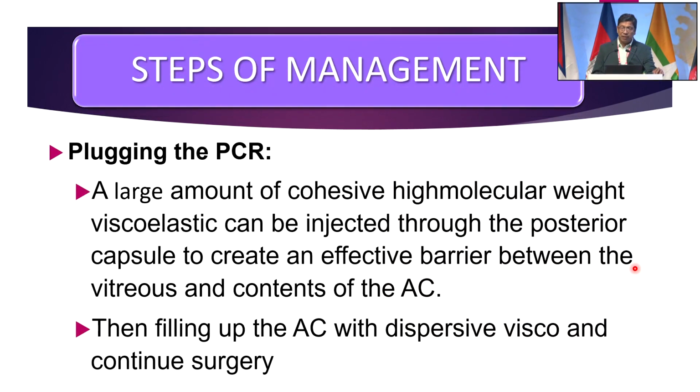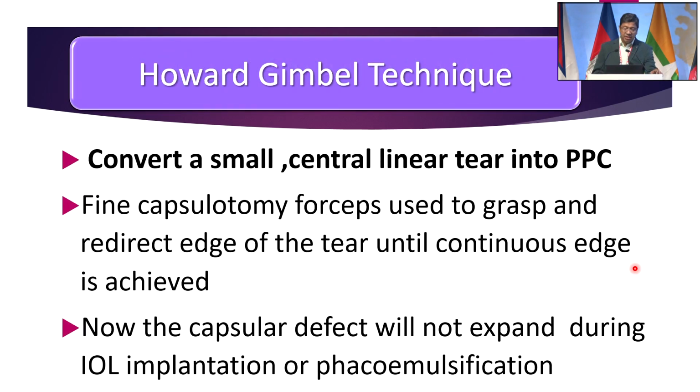Second step is to plug the PCR. A large amount of cohesive high molecular weight viscoelastic is injected through the rent to separate the hyaloid face, and then an effective barrier is created, and we fill up the antechamber with dispersive viscoelastic and continue with the surgery. If the rent is small, we convert it into a small PPC and then continue with the surgery.